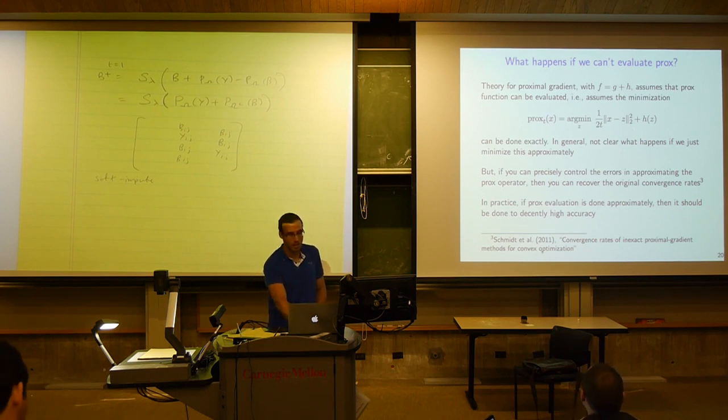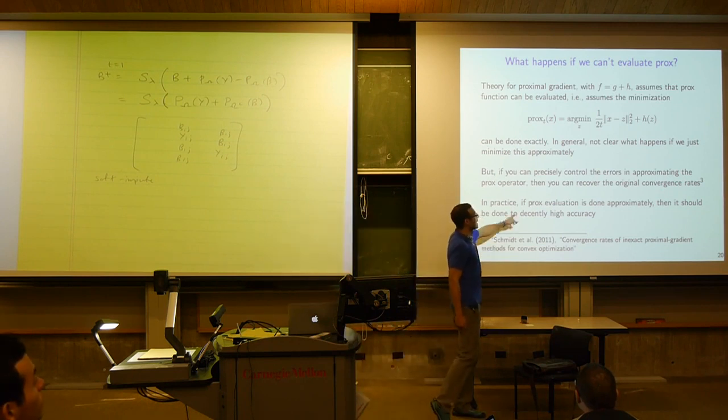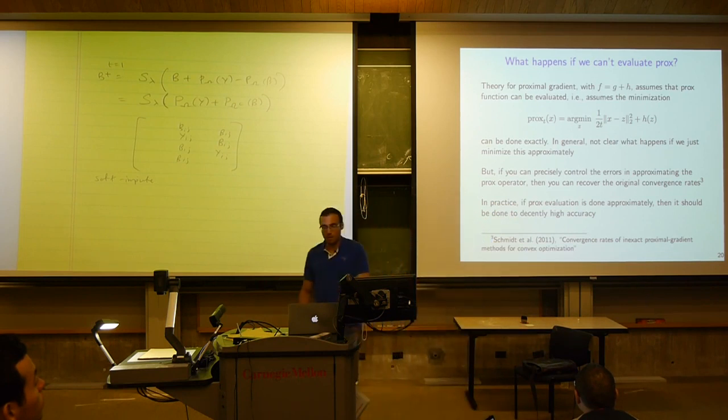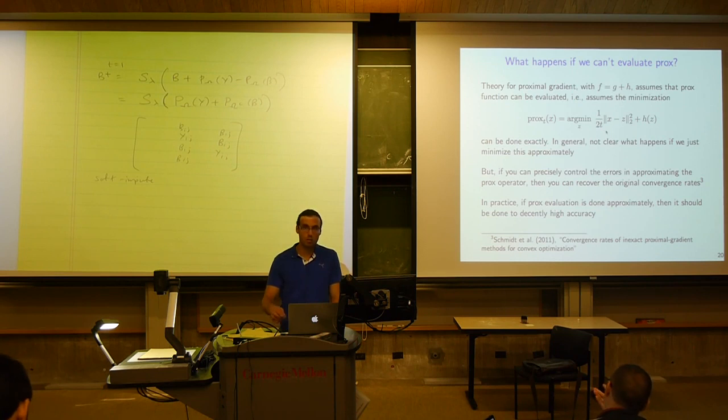You can take a look at this paper, called the inexact proximal gradient method. It's inexact because the proximal operator is not exactly evaluated. But what this paper requires is that the errors you make in evaluating the prox diminish over the course of the algorithm. So as you keep running the algorithm and get closer and closer to the optimum, you get more and more accurate proximal evaluations.